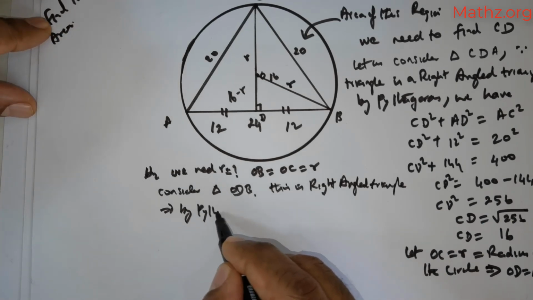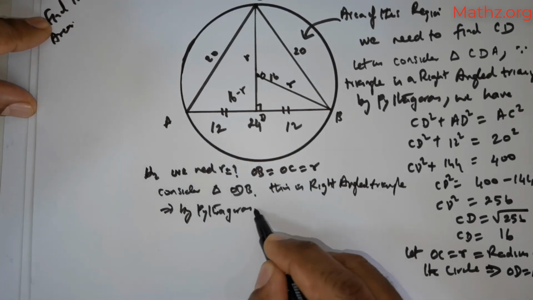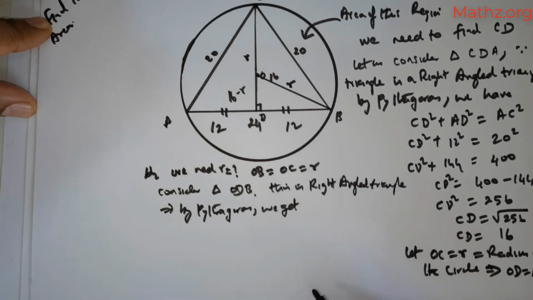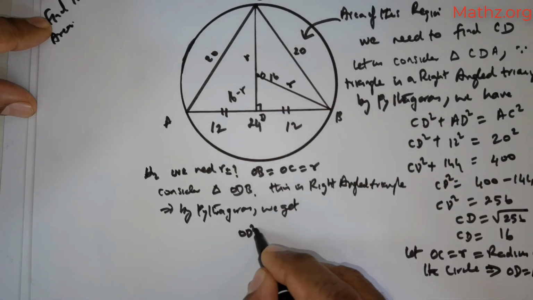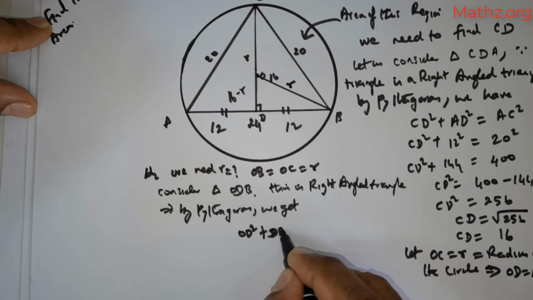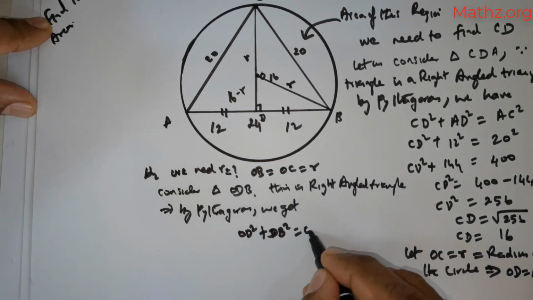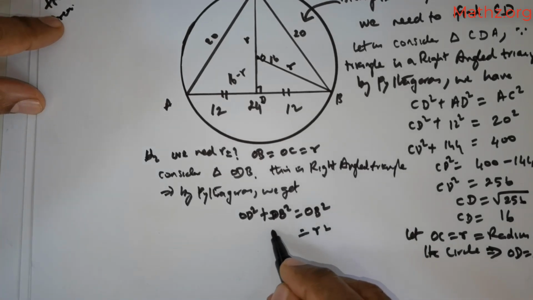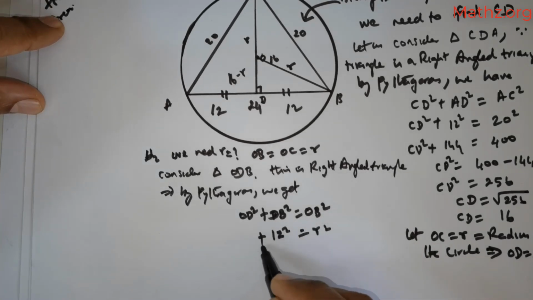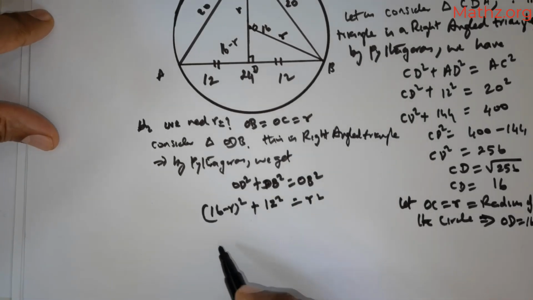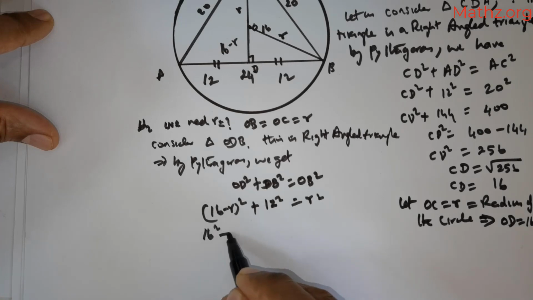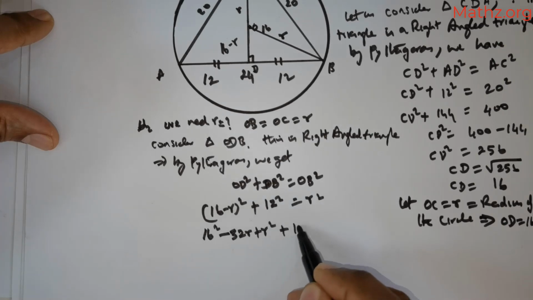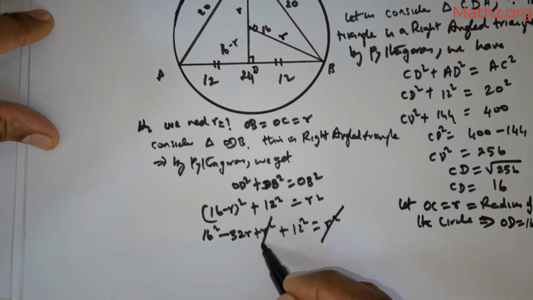By Pythagoras we get OD squared plus DB squared is equal to OB squared. OB squared is R squared, DB squared is 12 squared, and OD squared is 16 minus R raised to the power of 2. I expand this, I get 16 squared minus 32R plus R squared plus 12 squared is equal to R squared. R squared gets cancelled.